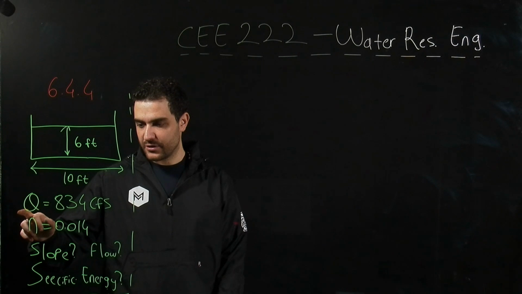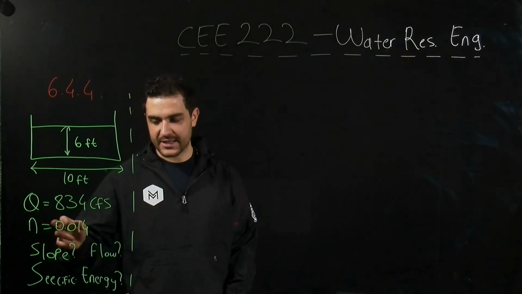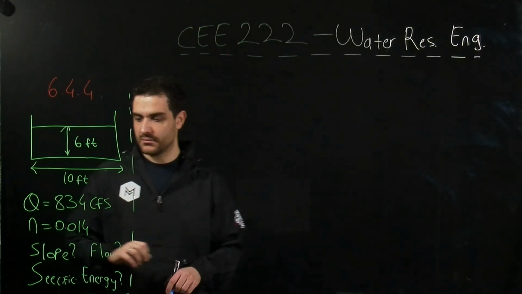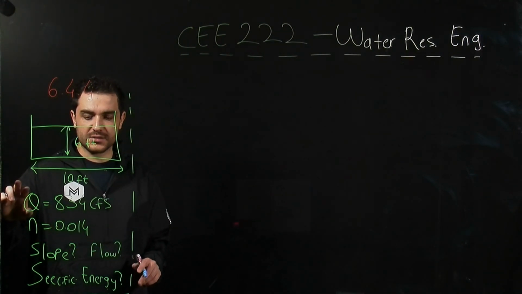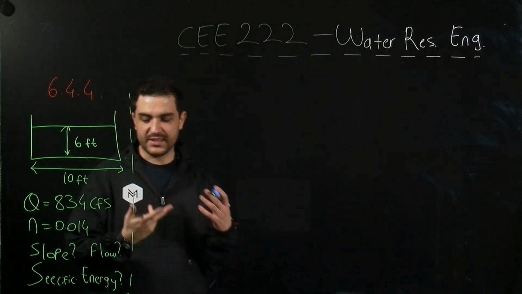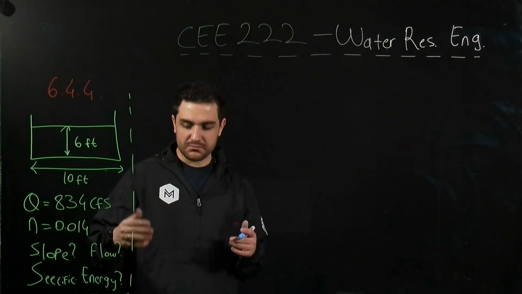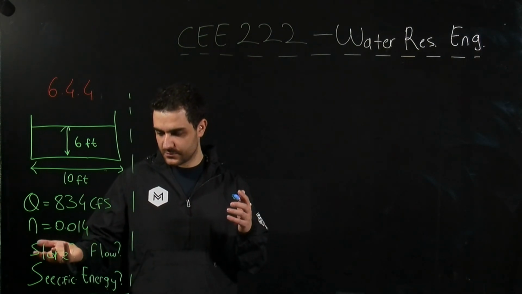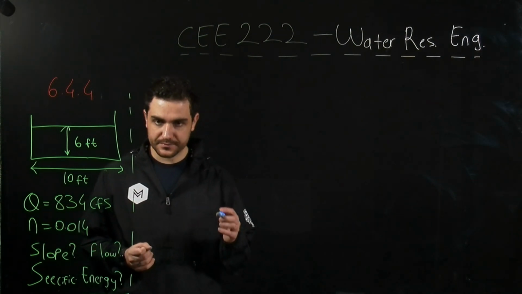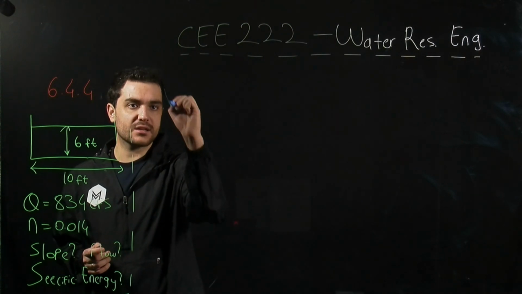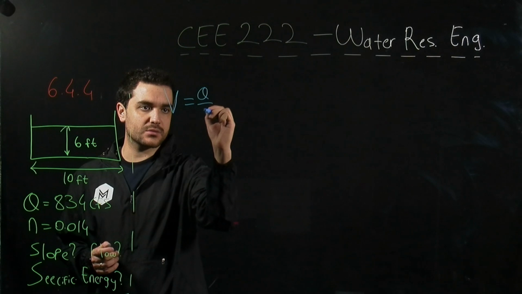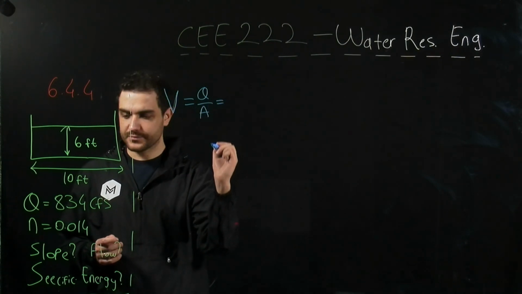So we have flow rate given, and we have Manning's n coefficient given. Again, we will start with calculating the velocity, because we need that for determining the Froude number and also for Manning's equation. So let's say V is equal to Q over area.